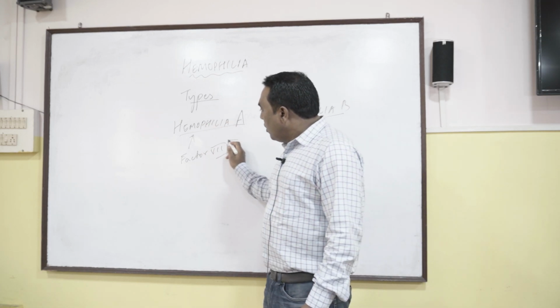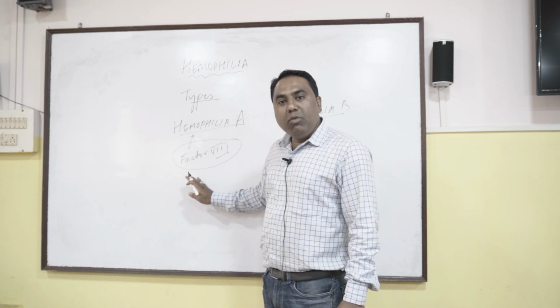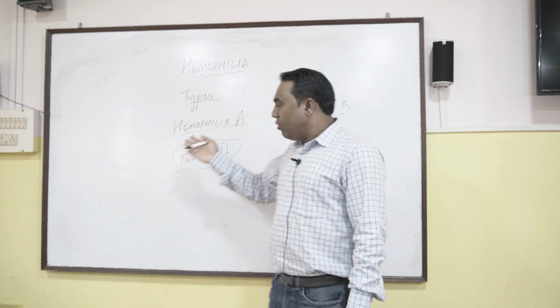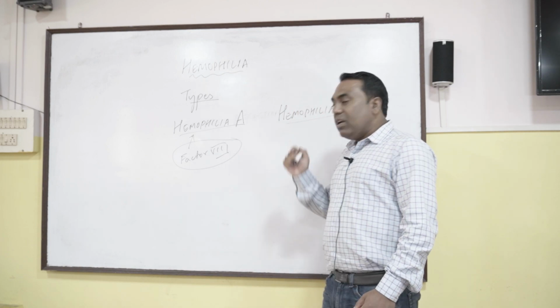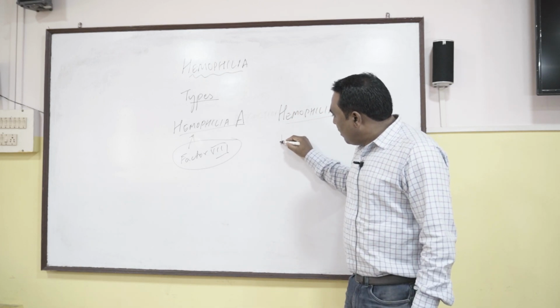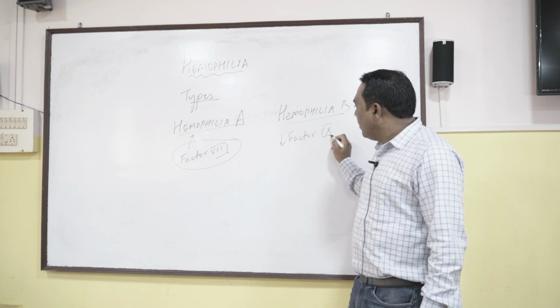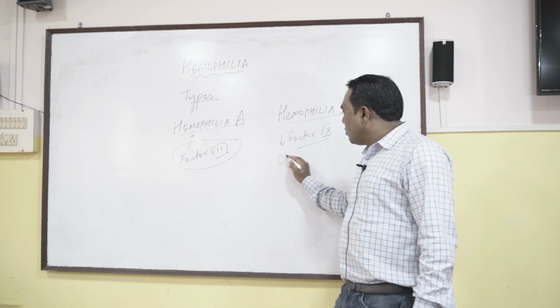This hemophilia A is also known as classic hemophilia, because this is the one which was discovered before hemophilia B. Now hemophilia B is due to the deficiency of blood clotting factor 9, and this factor 9 is also known as the Christmas factor.